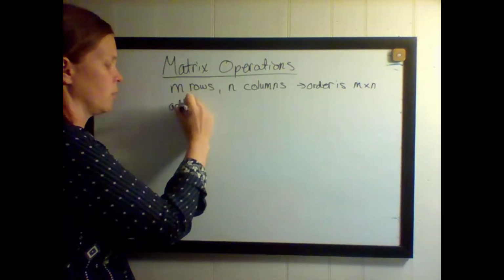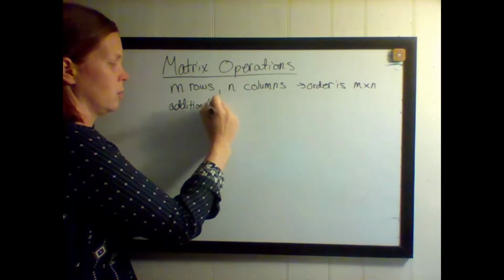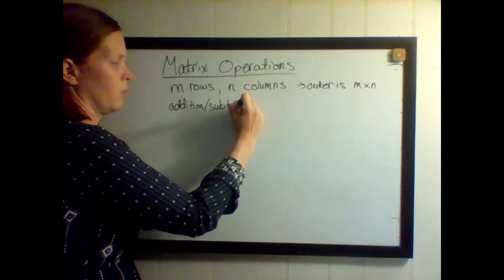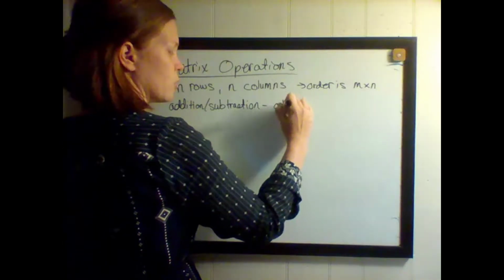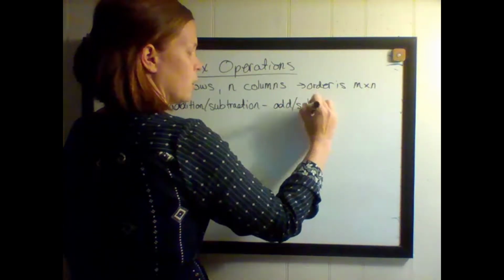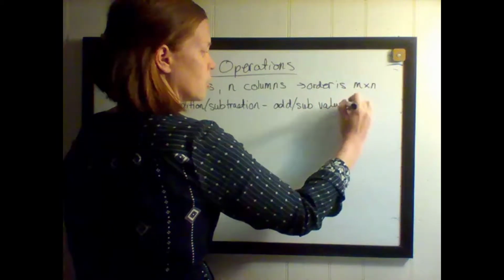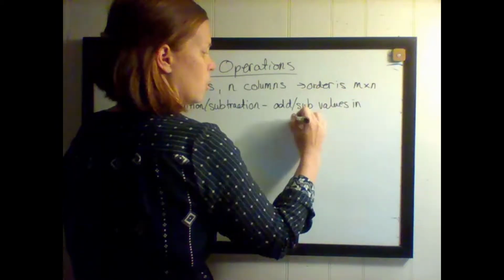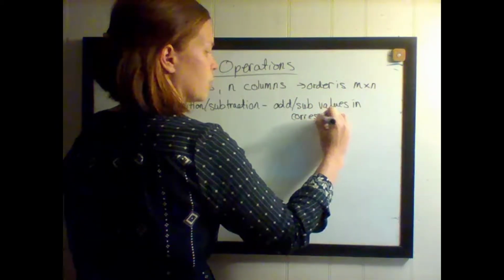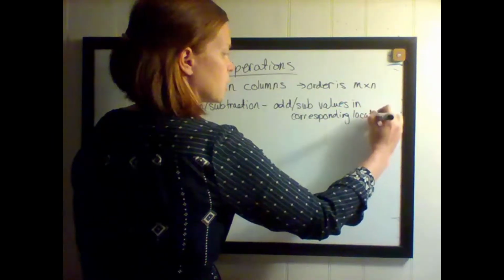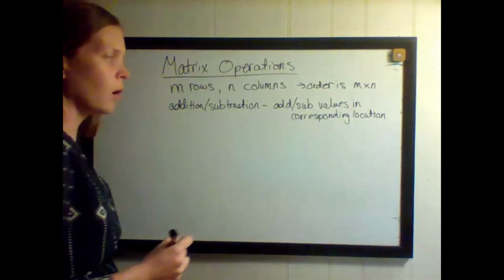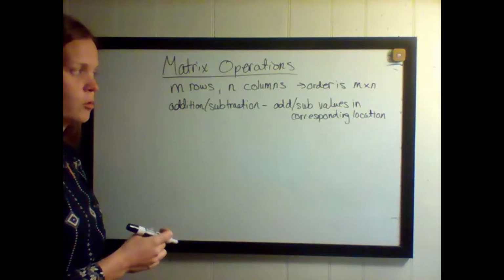But first, addition and subtraction of matrices. We just either add or subtract the values in the corresponding locations, so whatever is in the same spot, those values get added or subtracted.